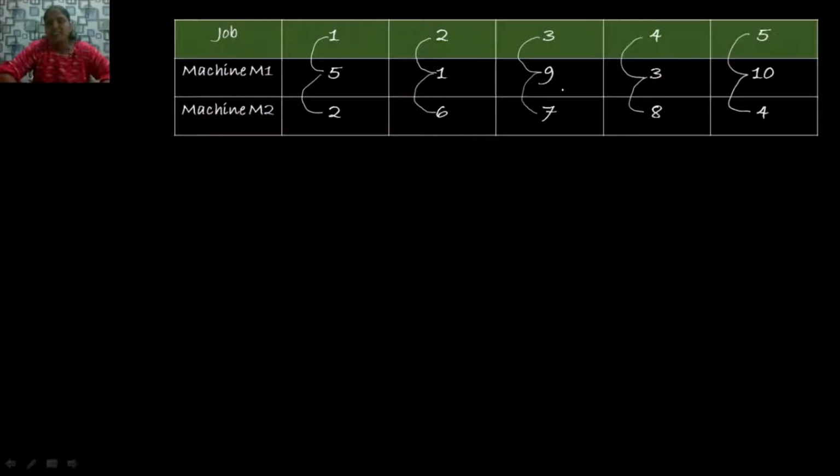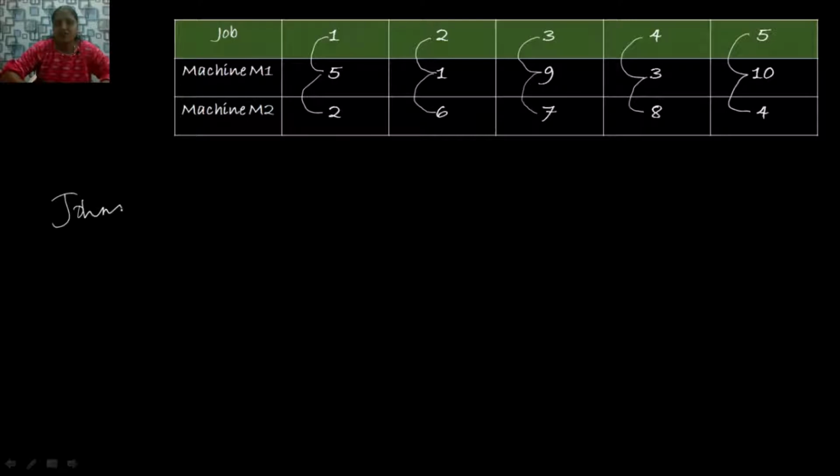Based on this, we have to find the total elapsed time, that is the minimum time to complete all the jobs. For that we have to follow a certain procedure, Johnson's method.